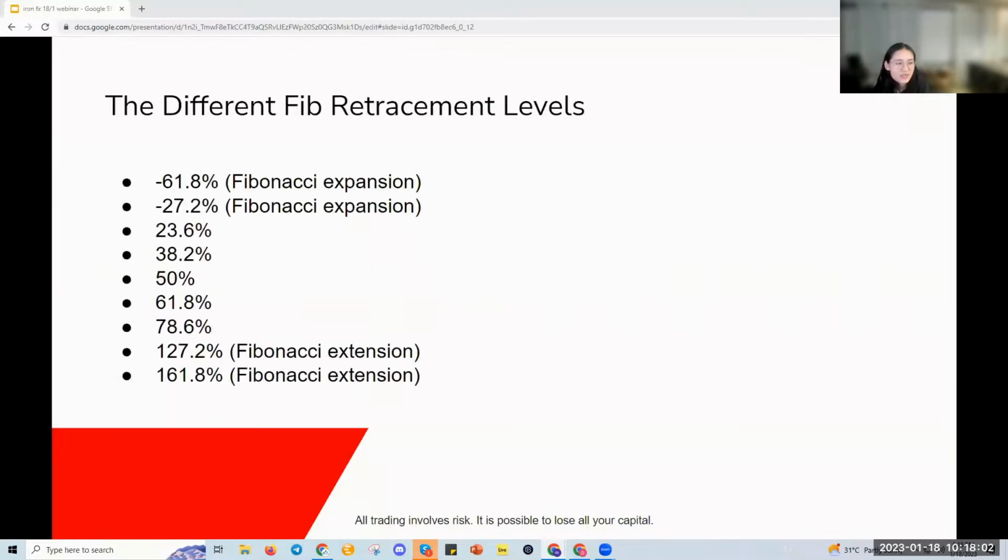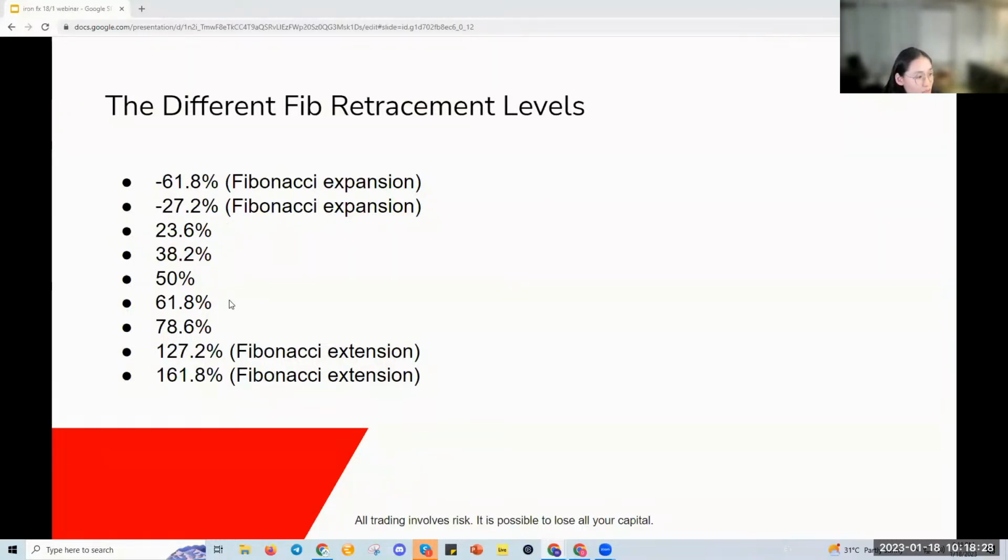Okay, so now that we know how to draw Fibonacci retracement trend lines and we know what to look out for, let's look at the different types of levels ranging from negative all the way to more than 100. So in the negatives, we have minus 61.8 and minus 27.2, which are classified under Fibonacci expansions.